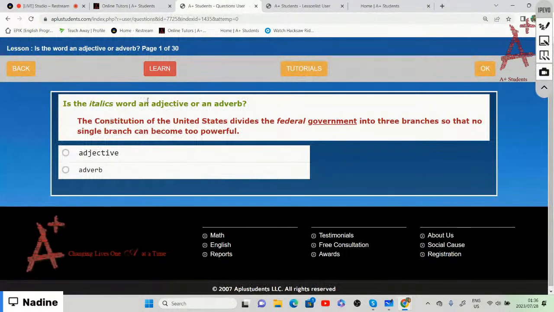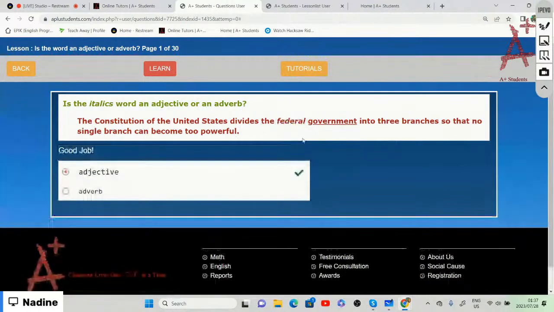We need to say if the word in italics, which is federal, is either an adjective or an adverb. The word that follows is government, which means federal describes that word: the federal government. So if we look at it divides the federal government into three branches, let's choose adjective, because it describes the noun, which is the government.